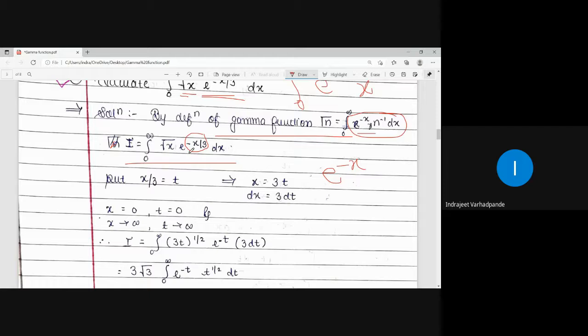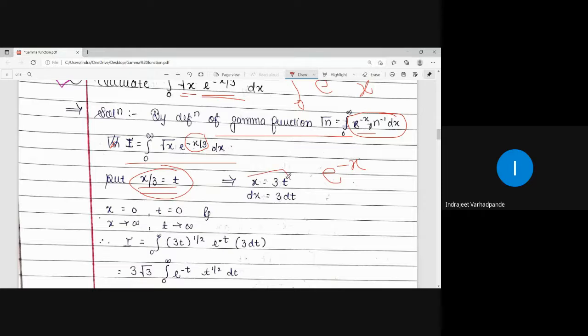So from that expression, I get the hint that I have to put it as t. The minus has to be retained because that is required in the definition. So only x by 3 has to be substituted. So in the definition, I will put x by 3 is equal to t. So x is equal to 3t.